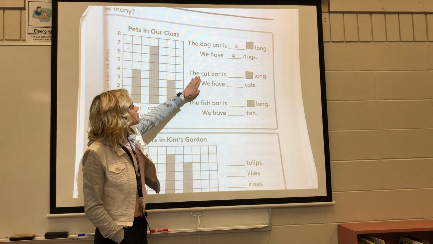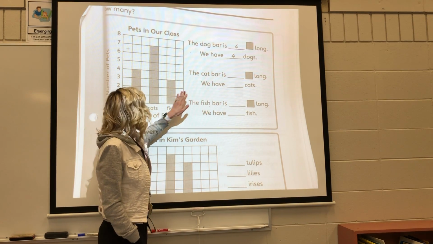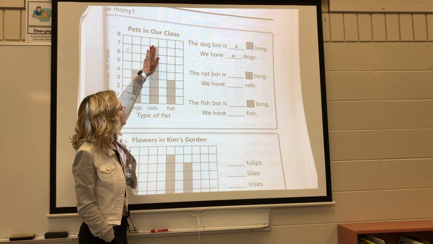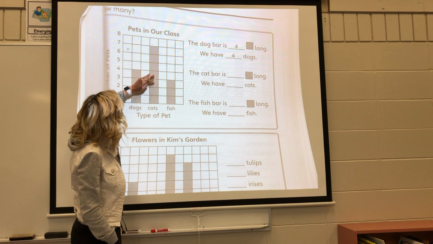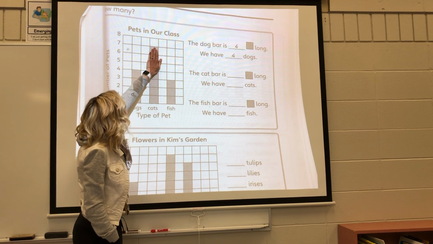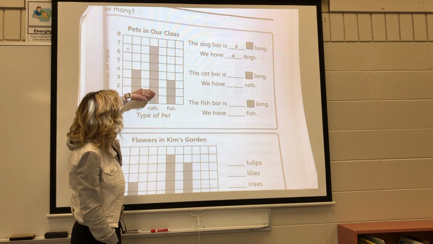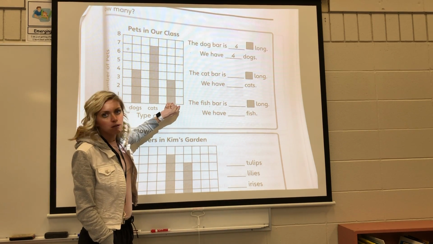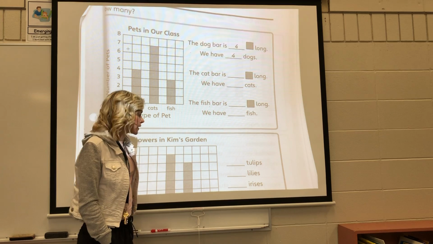Same thing with the cat one. The cat bar, which is this bar here in our bar graph, has 1, 2, 3, 4, 5, 6, 7, which means we have 7 cats. And fish, the bar is 3, so we have 3.